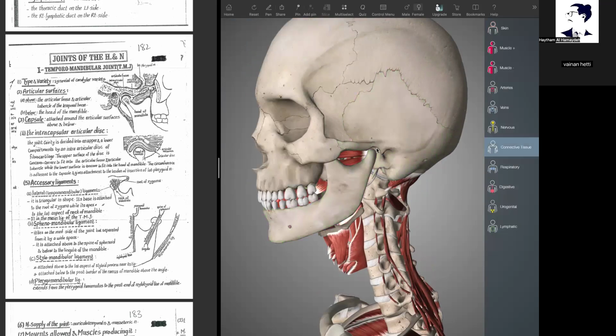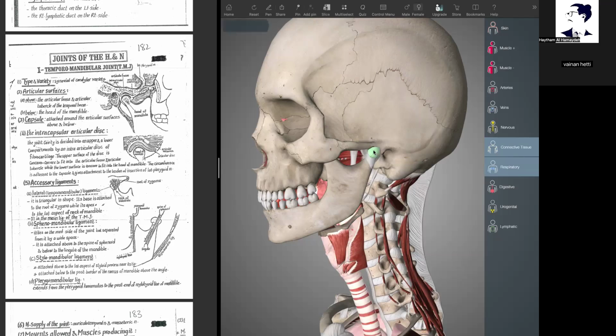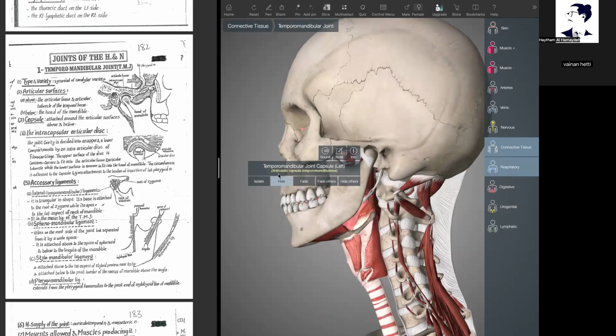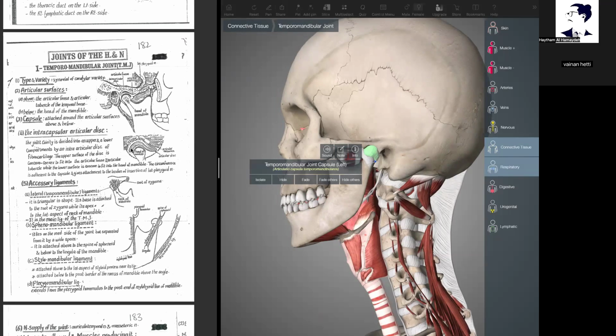Point 4. There is an articular disc. Just know that there's an articular disc. You can see it here on the notes on the other side. There's an articular disc between head of mandible and the articular fossa or the mandibular fossa. Between what and what? Articular disc between head of mandible and mandibular fossa.